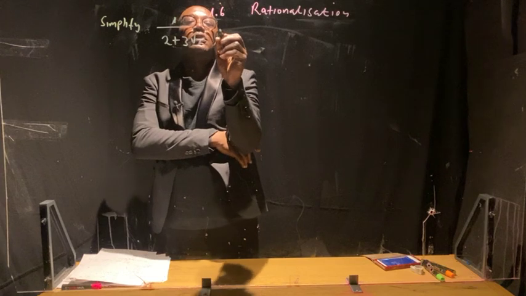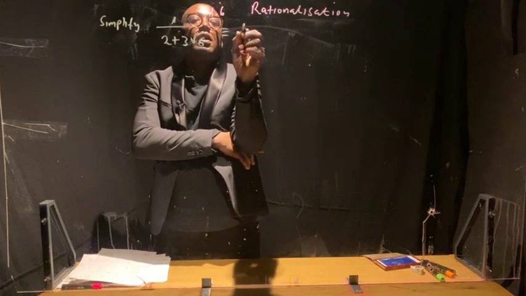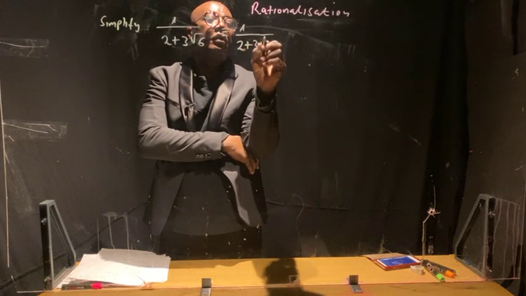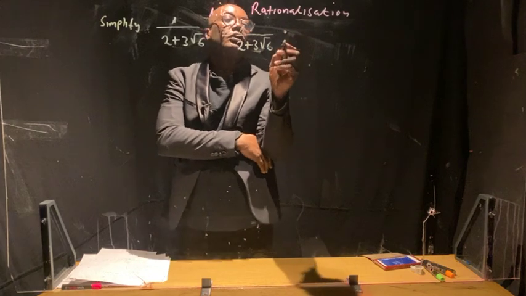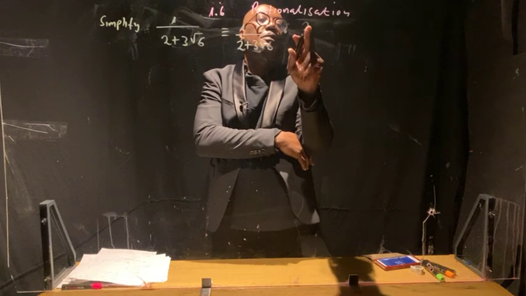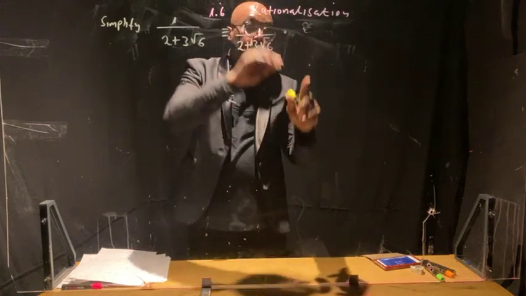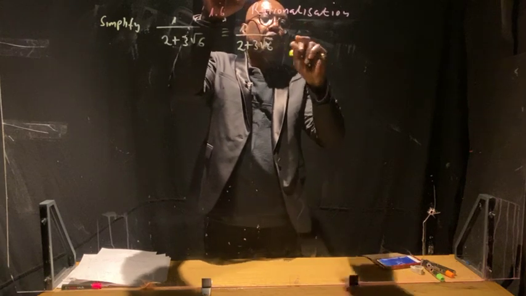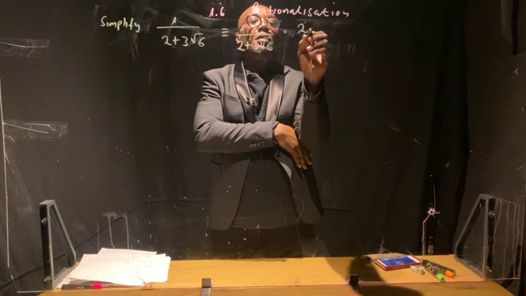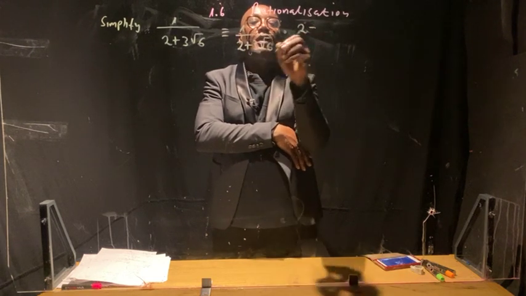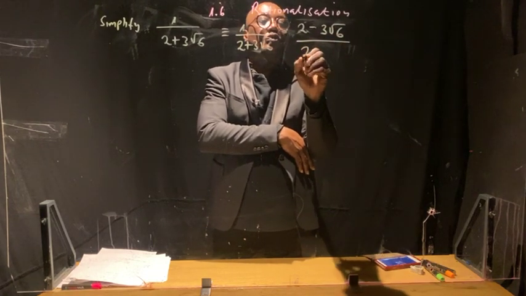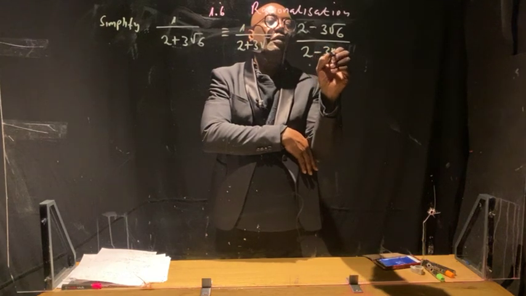This expression is no different from 1 over 2 plus 3 root 6 multiplied by 2 minus 3 root 6 over 2 minus 3 root 6.